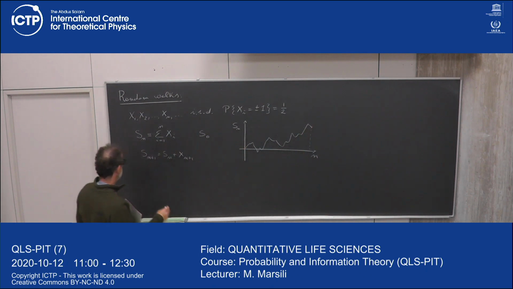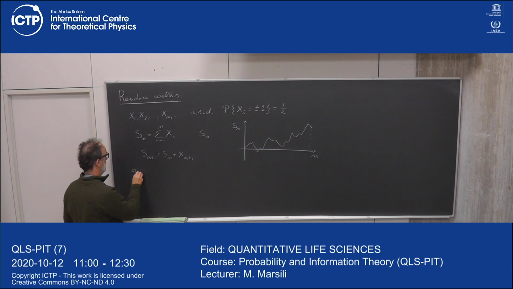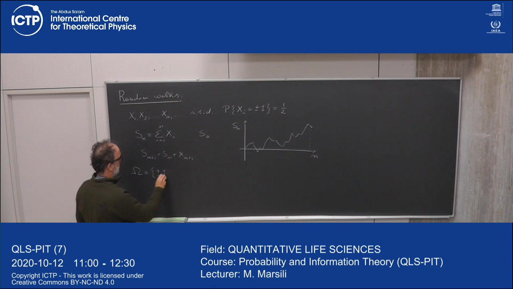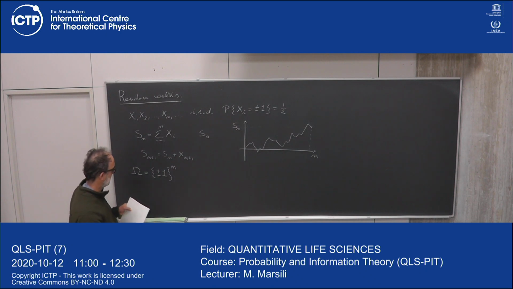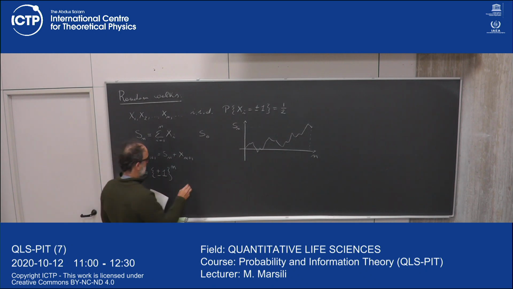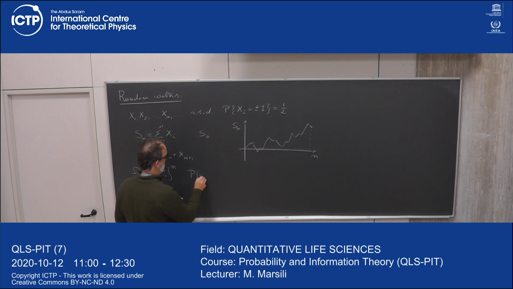Okay, so we can think of this scheme of random walks as a scheme where the sample space is the space of random walks of length n, the set of sequences of plus and minus 1, {+1, -1}^n, and each of these paths is equally likely.